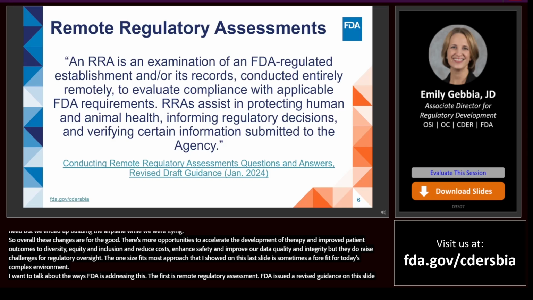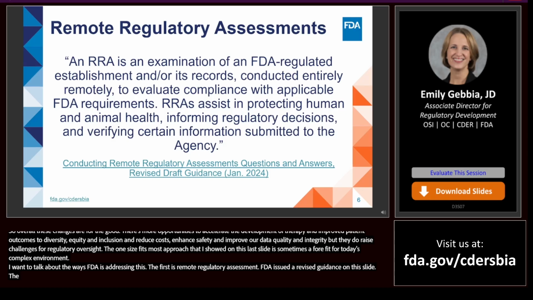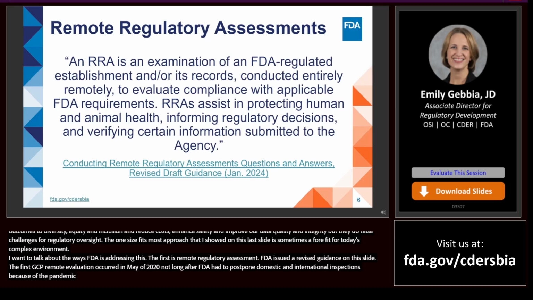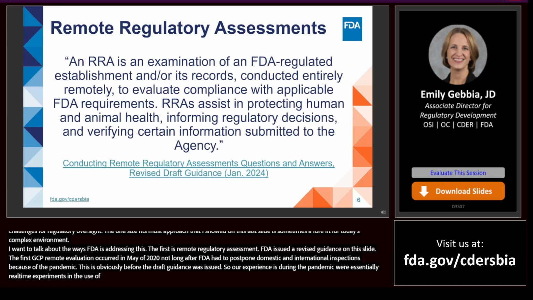The first GCP remote evaluation occurred in May 2020, not long after FDA had to postpone domestic and international inspections because of the pandemic. This was obviously before the draft guidance had been issued. So our experiences during the pandemic were essentially real-time experiments in the use of this method to evaluate GCP compliance.